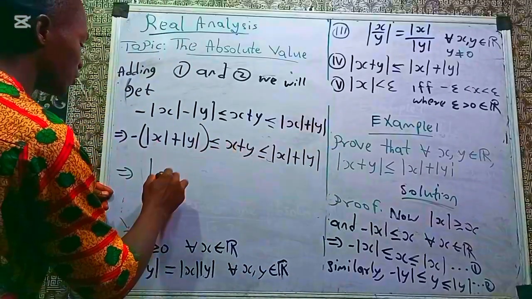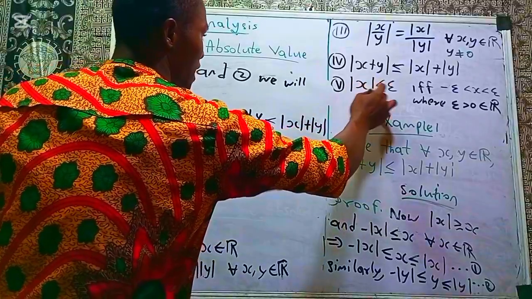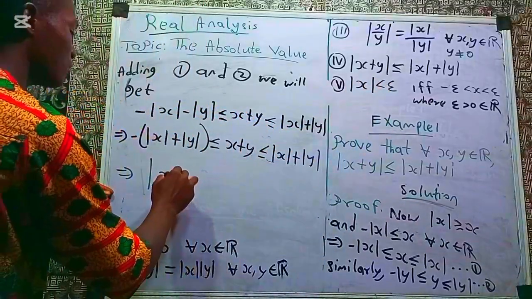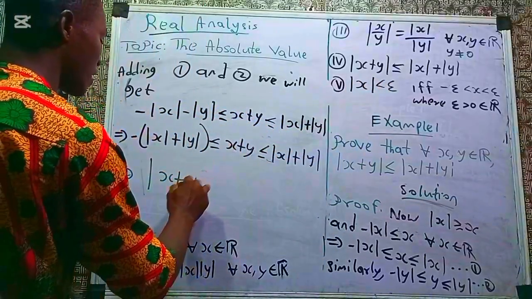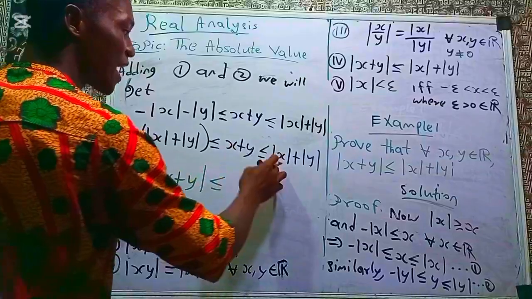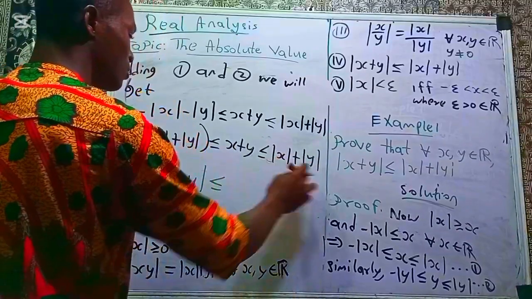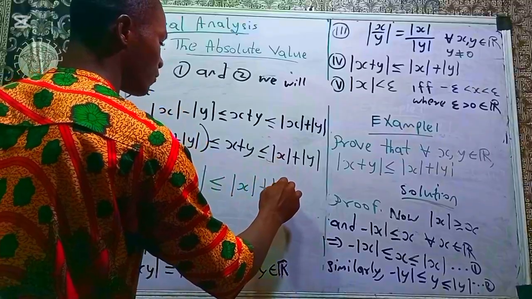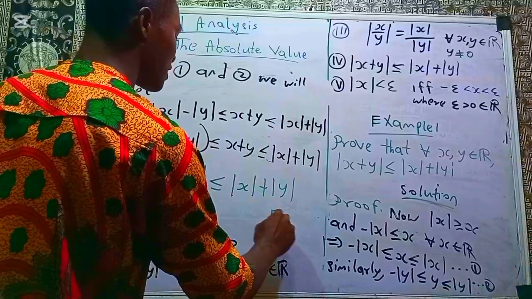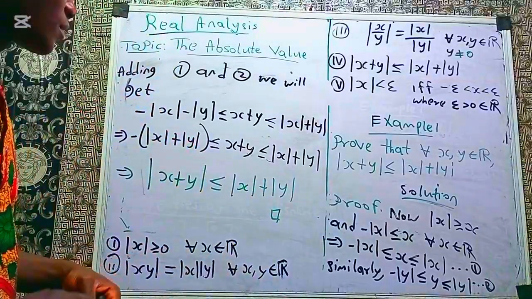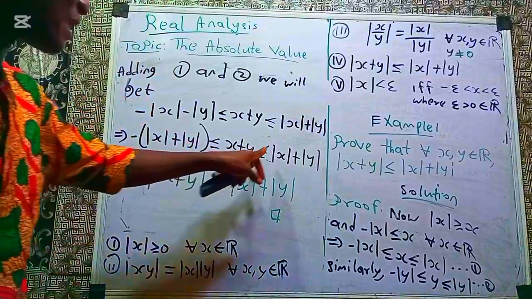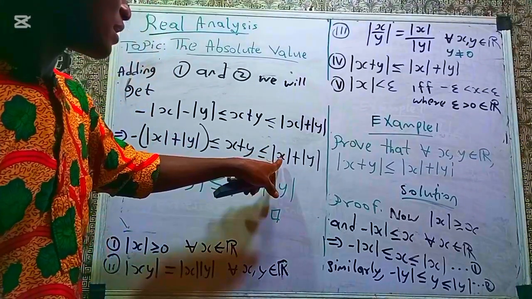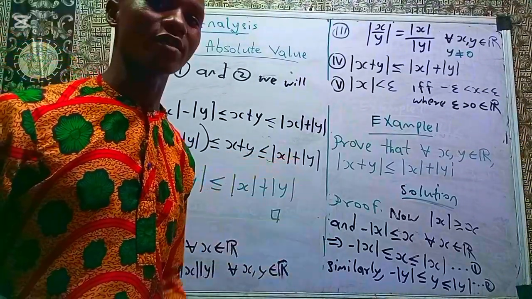Absolute value of the middle. So this condition and this fifth property will hold. Absolute value of this x plus y will be less than or equal to that epsilon. So that's absolute value of x plus absolute value of y. So this is what we have, and this completes the proof. So this absolute value of the middle one will be less than or equal to the absolute value of x plus absolute value of y.